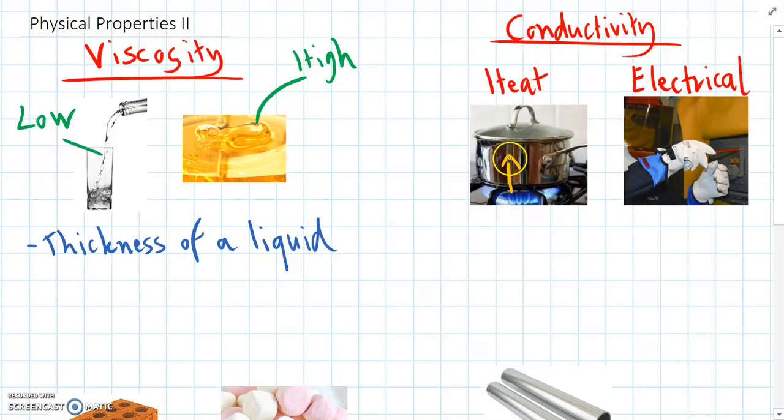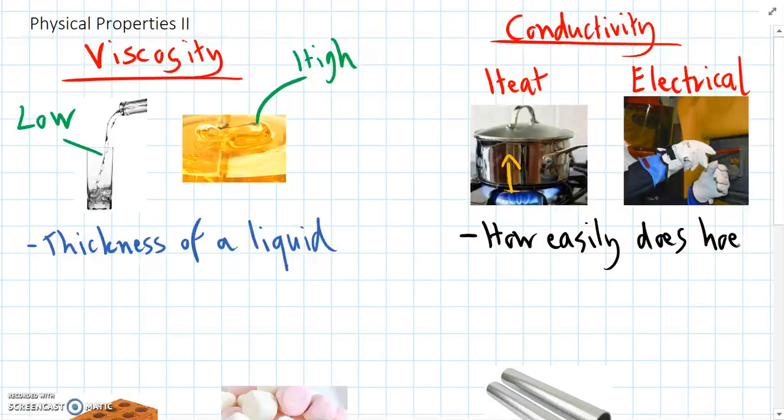So for metals, they're really good conductors of heat. So with the saucepan here, heat goes from the bottom of the stove and it flows through the metal inside the pot really quickly. So conductivity is how easily does heat or electricity flow through a material.